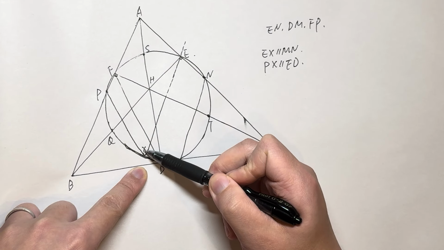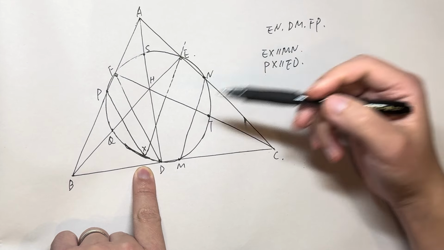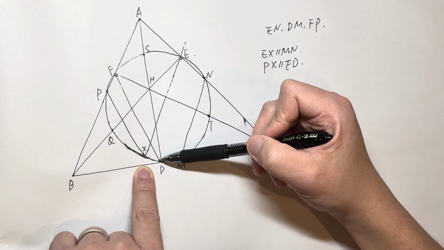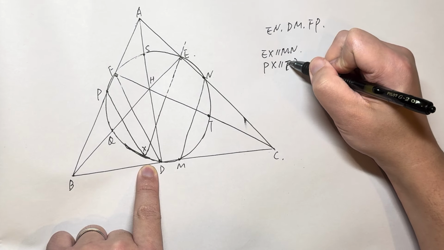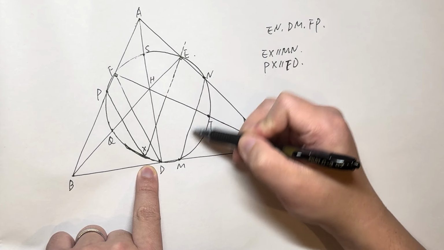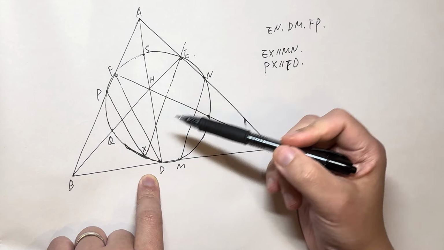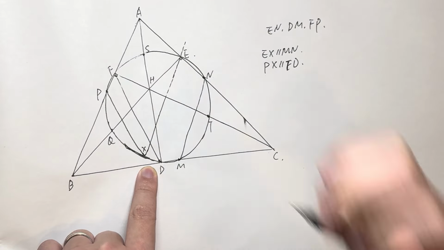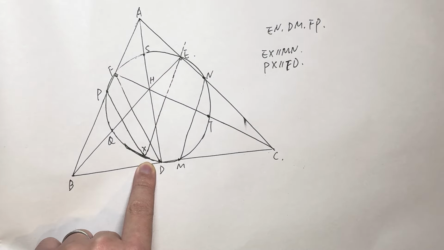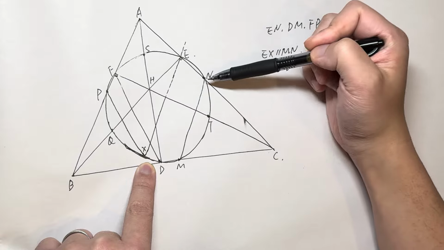Now we want to prove that X is on the 9-point circle. So we know that PX is in parallel with FD, and we know that EX is in parallel with MN. To prove that X is on the 9-point circle, we just need to prove that this angle is an angle that relates to, like, PDN.